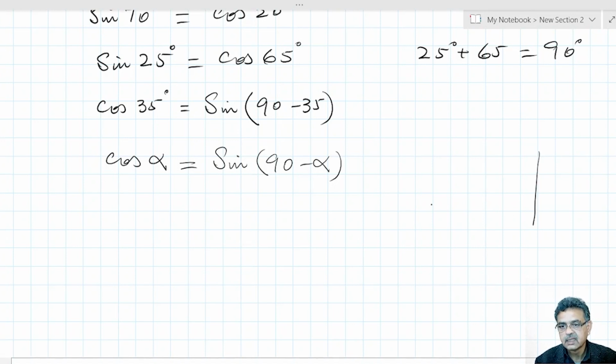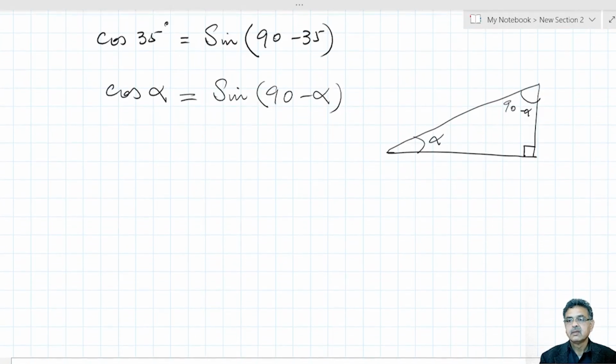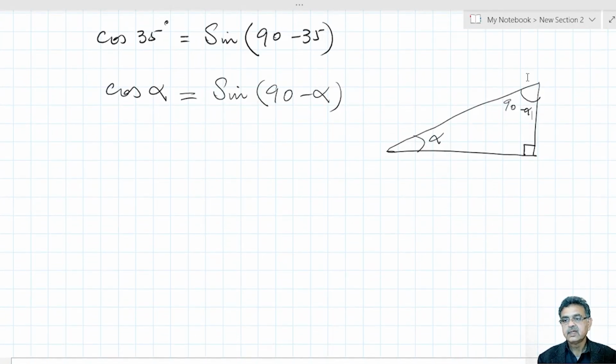In any right angle triangle, if this angle is alpha, as it is a right angle triangle, then the sum of the other two angles is 90, so this angle must be 90 minus alpha. So cos alpha is equal to sine of 90 minus alpha.